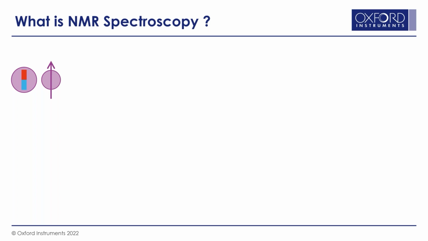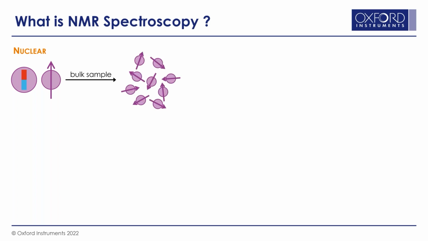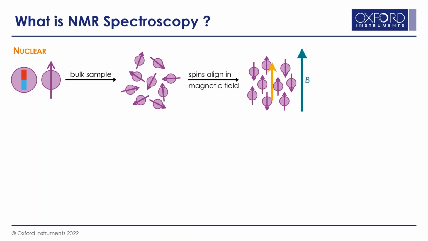The vast majority of nuclei have a non-zero spin, giving rise to a magnetic moment for each nucleus. This is where we get nuclear from. A bulk sample contains many nuclei and the spins are randomly oriented. When we apply an external magnetic field, there is a preferred orientation for the spins to align, and with a majority of spins aligned with the magnetic field, a net magnetic moment results. This is where our magnetic comes from.